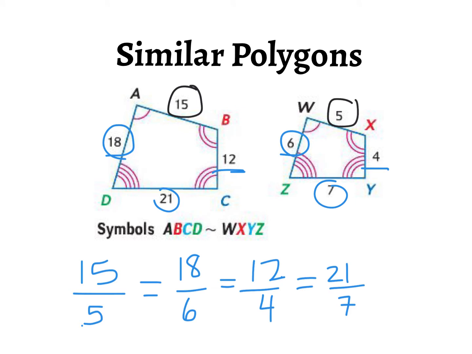For two polygons to be similar, we have to have congruent angles, and that's what this represents, that these angles are the same. And the corresponding sides, all of these sides, have to have the same proportion, and they're all equal to each other. If that happens, the picture's either going to increase or decrease in size at the same ratio.